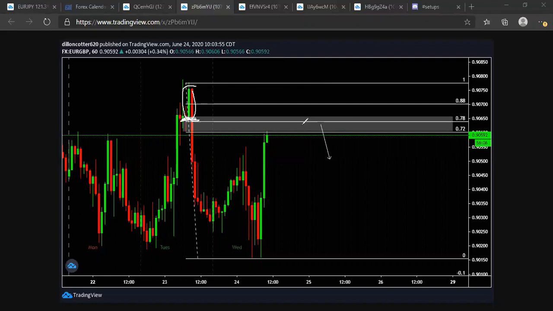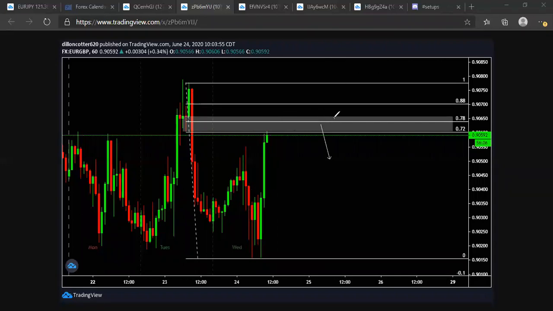The reason price rejects from any of these levels is any other catalyst in price action, not a fib level. What I use it for is just a better gauge of when a price retracement might occur, when that rejection might occur from this price retracement.